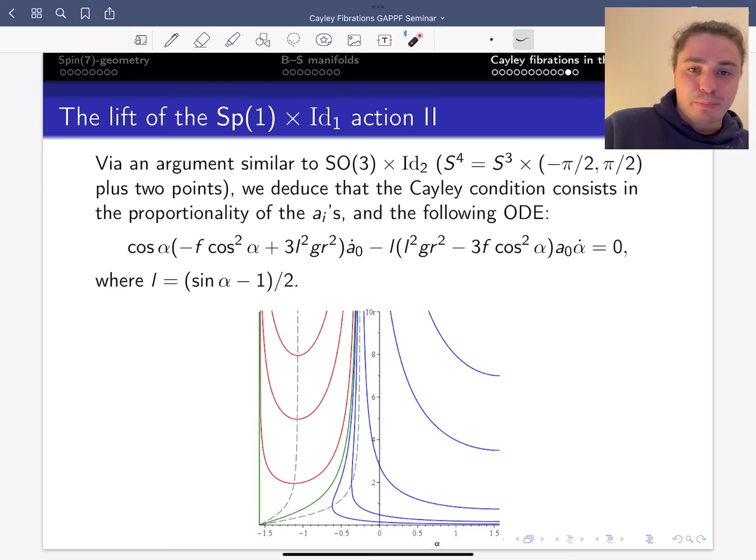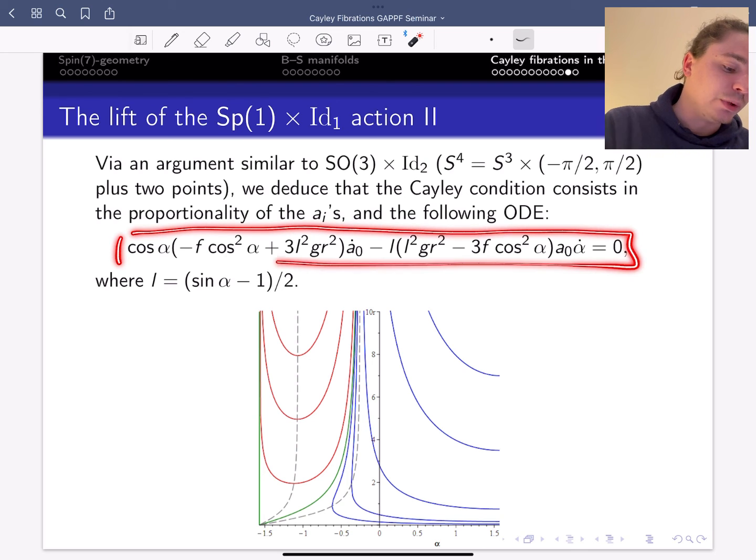By essentially doing the same analysis as the one done for S3 times the identity, we get that the Cayley condition for SP1-invariant submanifolds is the proportionality of the coefficients and the following ODE, which is this line here, the ODE that we need to satisfy.